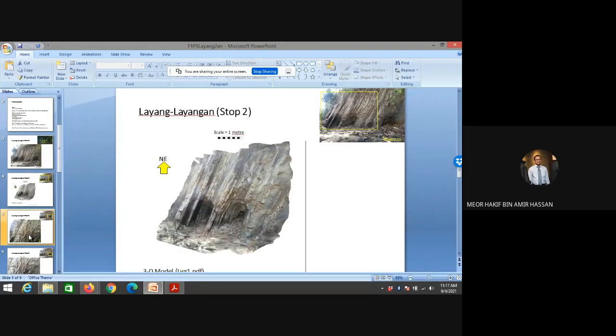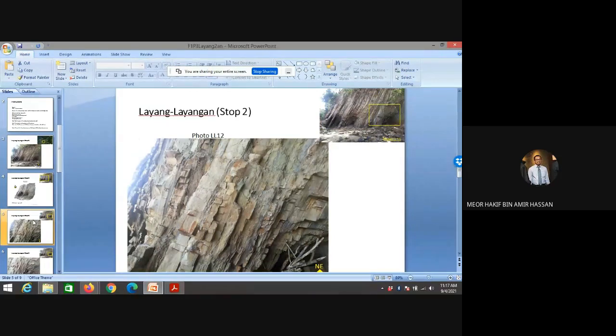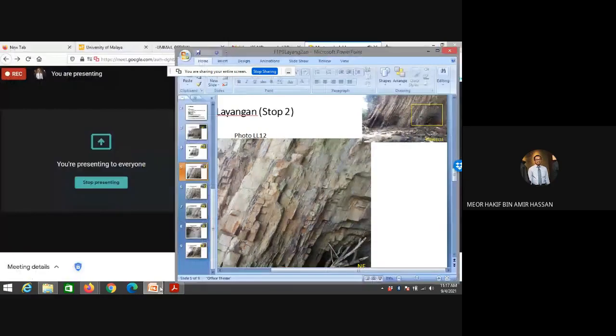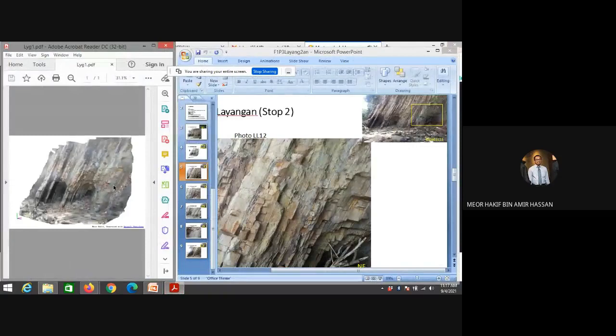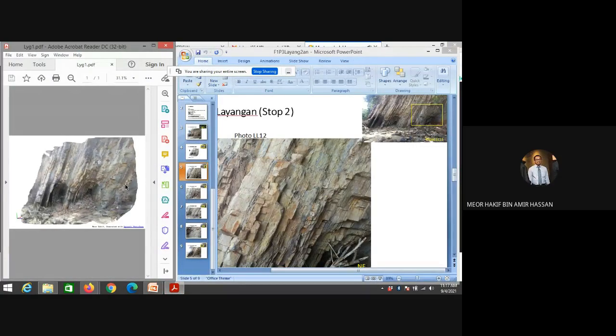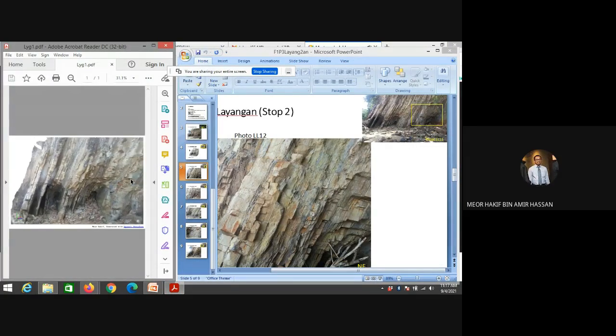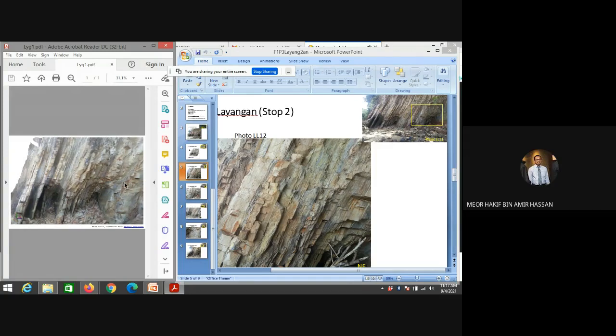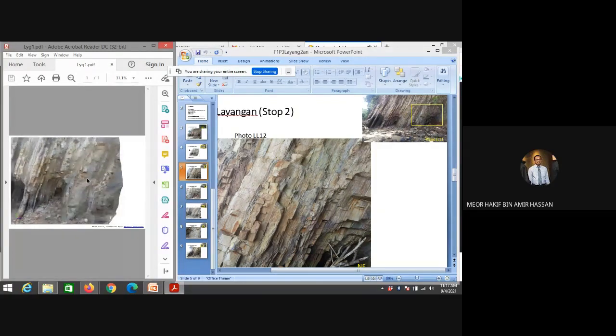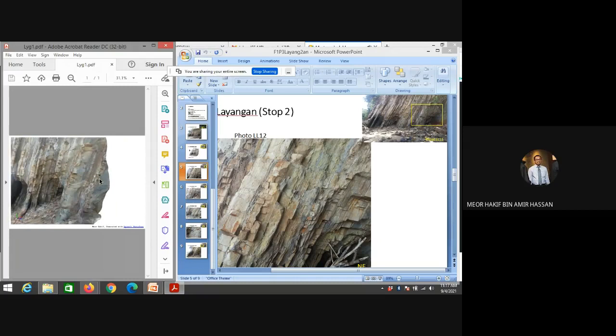Okay, let's go to slide number 5. So we have a closer view of the outcrop on the right-hand side here. So I take out the 3D model, this is this part. If I zoom, if you left click and right click, you boleh gerakkan ke tepi, ya. So you try to find that part.